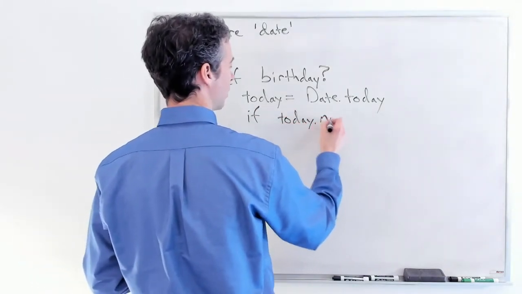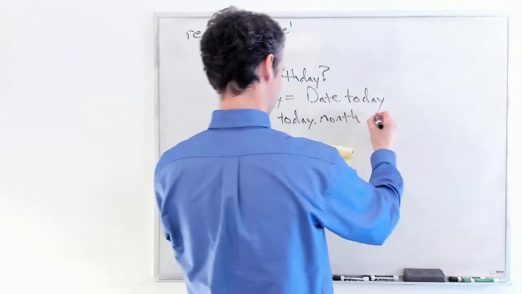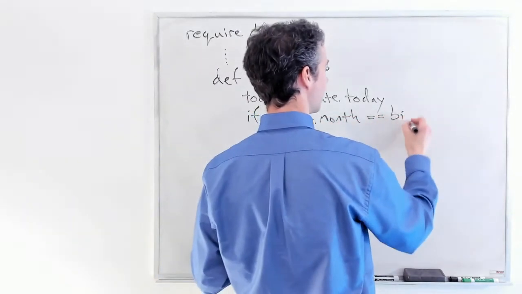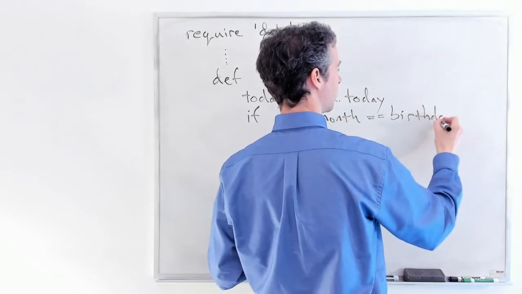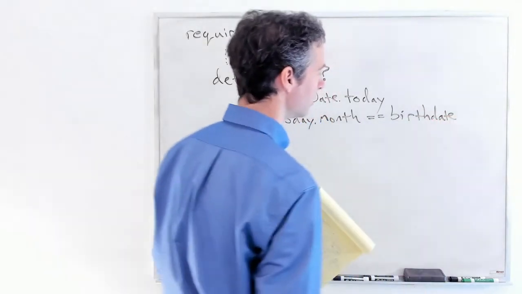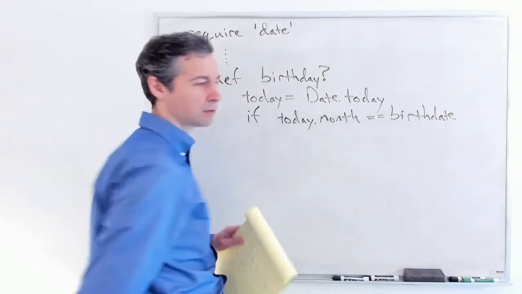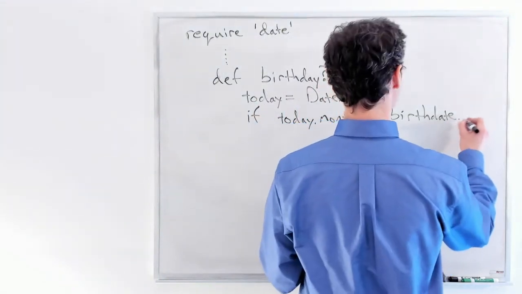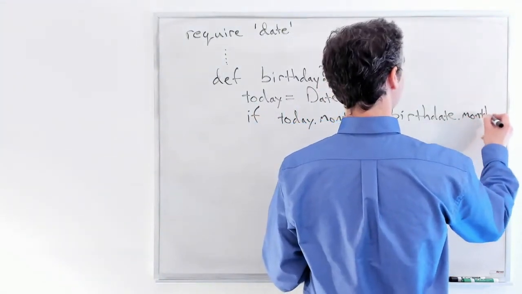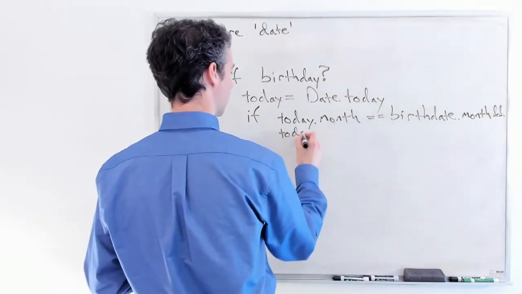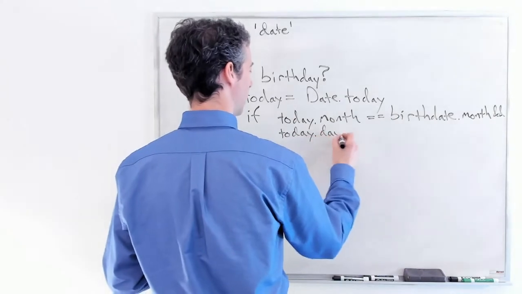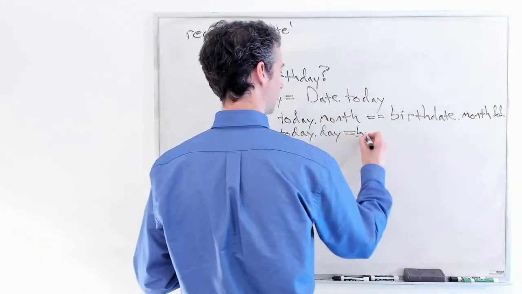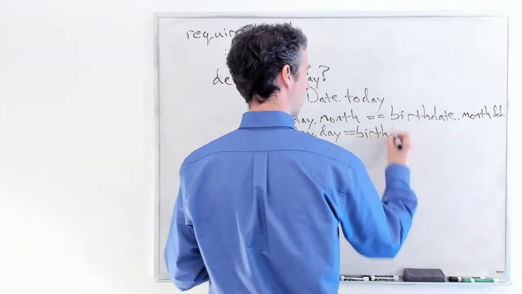So you proceed. You're going to check to see if the month is equal to, and we'll have inside of the model a field birthday. And so we'll check to see if their month and day match.